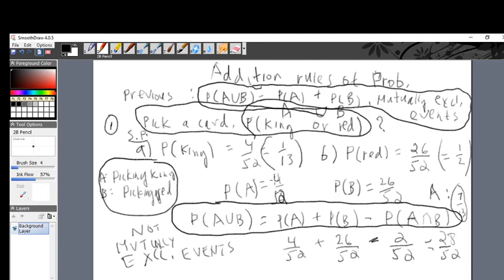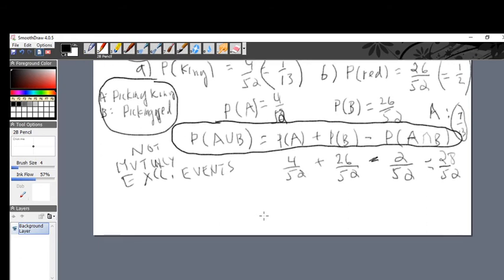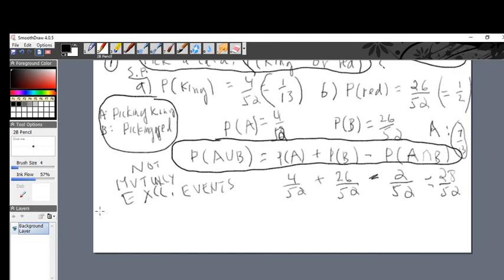Okay, let me throw another problem at you based on this. We've got a little bit of room to work with. Problem number 2: doubles of dice.